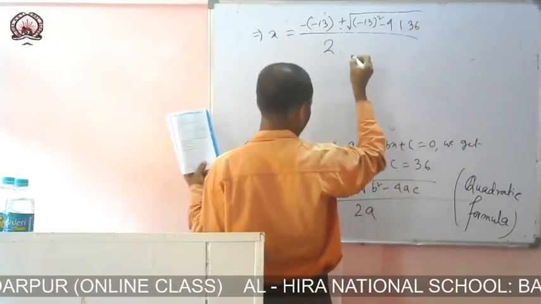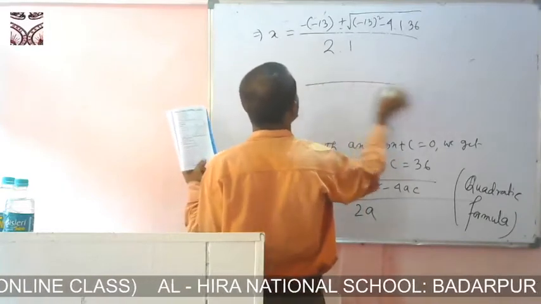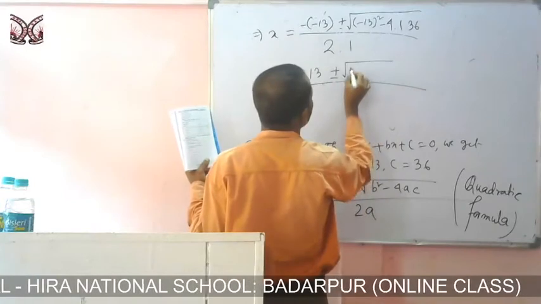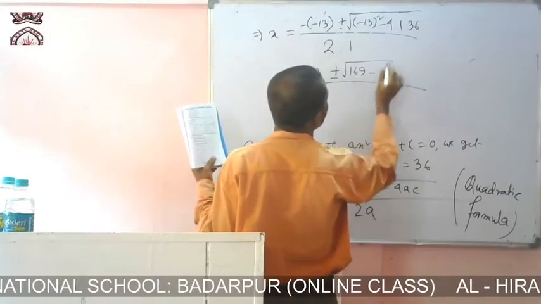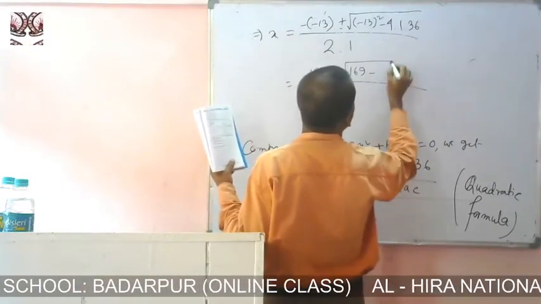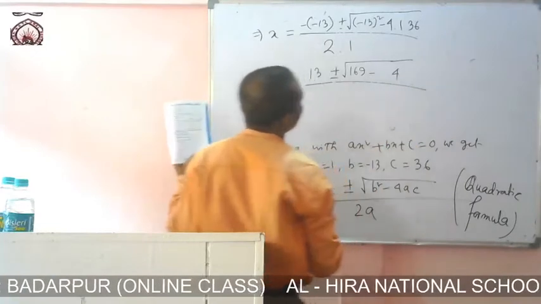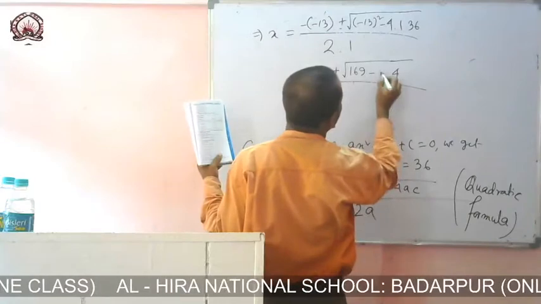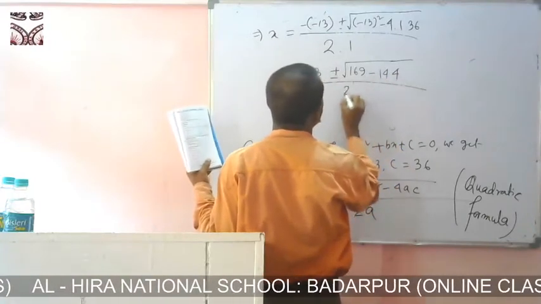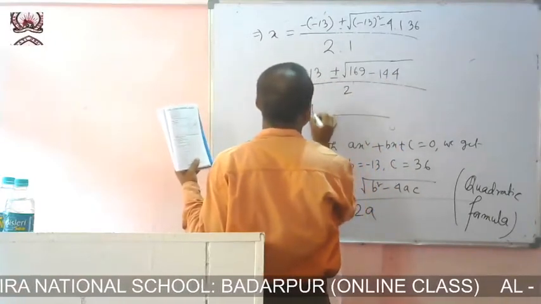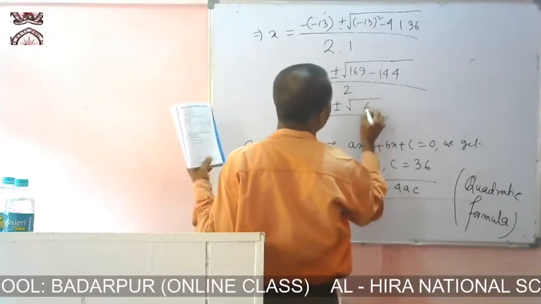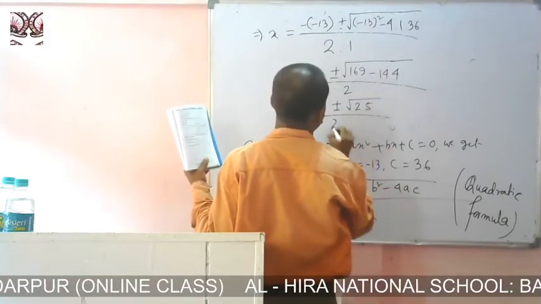So it is 13 plus minus root of 169 minus 144, by 2, which is 13 plus minus root of 25 by 2.